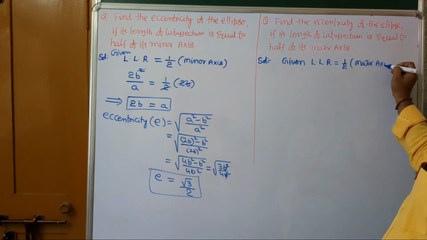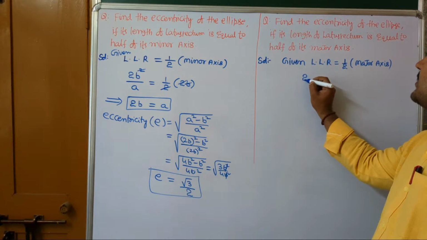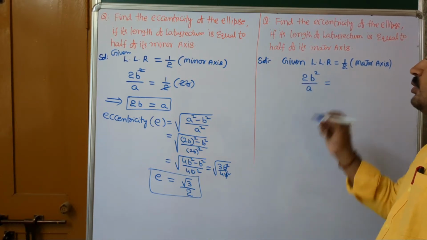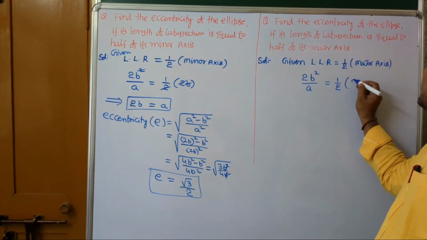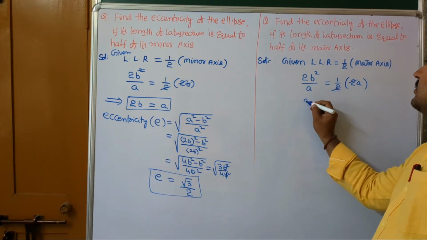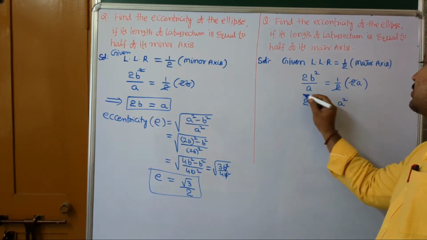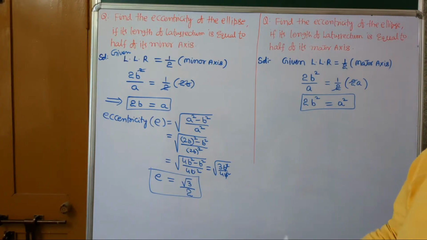So length of latus rectum is 2b square by a, equal to half of its major axis 2a. So here the 2 gets cancelled. So 2b square is equal to a into a, so 2b square equals a square, we got it.